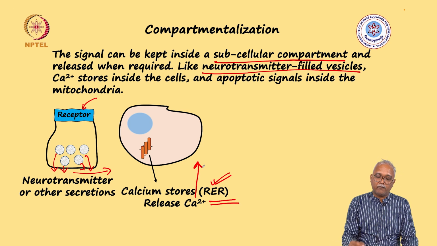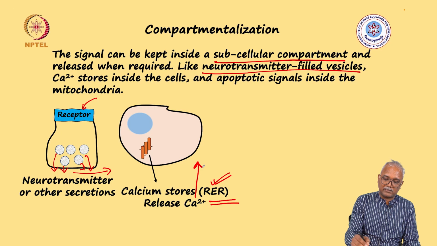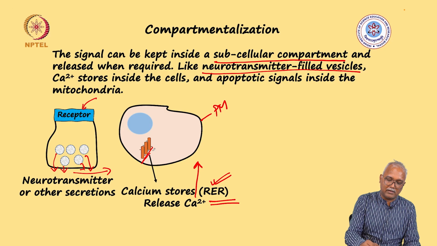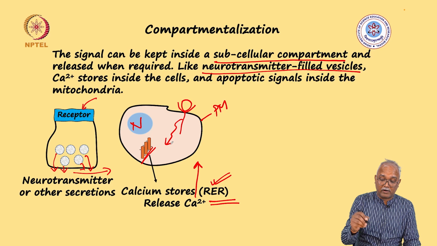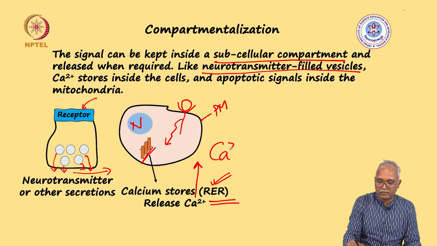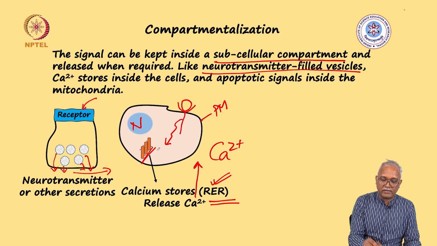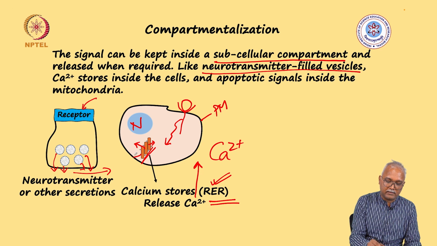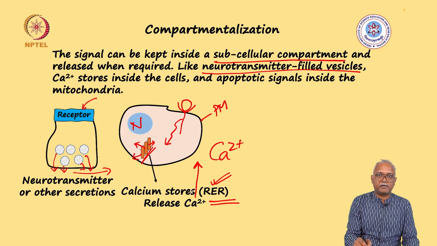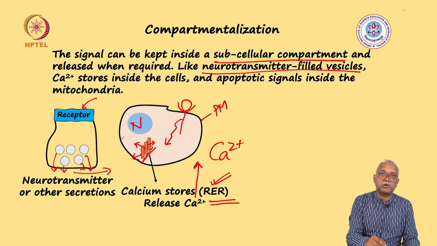If you consider this as your cell, this is your plasma membrane, this is your RER, and this is your nucleus. Now when a signal binds to the receptor and activates a process, if this process requires calcium, it will generate things which will open these channels, the channels for calcium, and the calcium will be released and used locally.